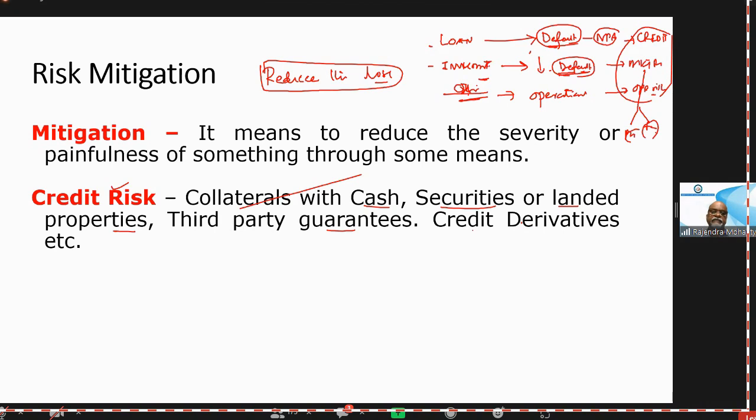Insurance. For investment, what insurance are you doing? Hedging, sir. Yes, hedging. Hedging means how you are doing hedging? Hedging is done by forwards, options, futures. Yes. Hedging is a process which is done through various kinds of financial instruments or techniques.